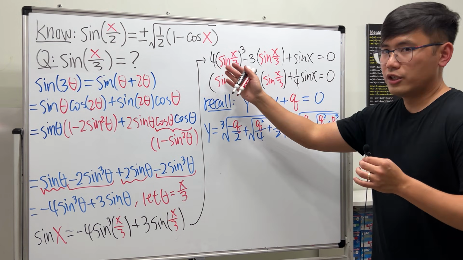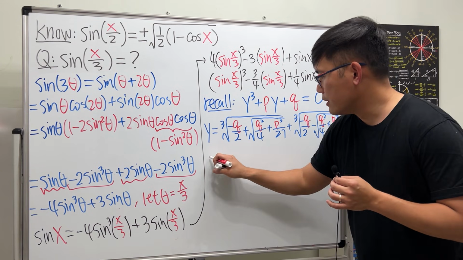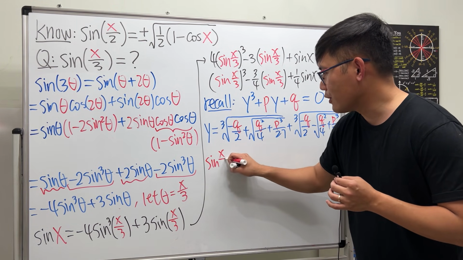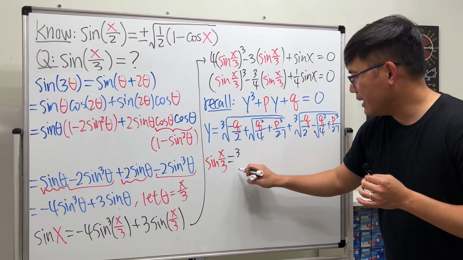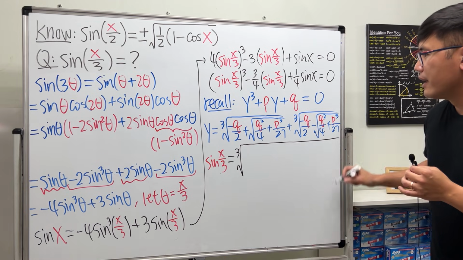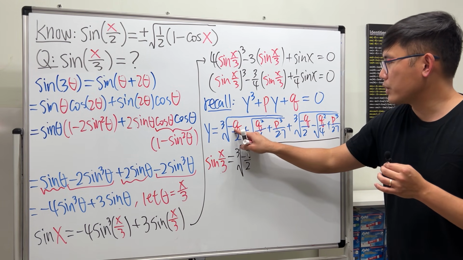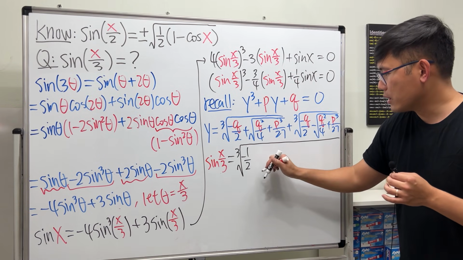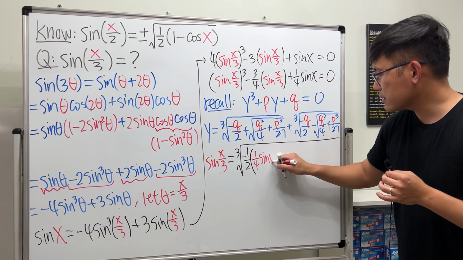So, ladies and gentlemen, have a look. By using this formula, we know that sine of x over 3 equals, let's open this, a big cube root. Let me put this down as negative 1 over 2 first. And then we multiply by q, which is this, so we multiply by 1 over 4 sine x.